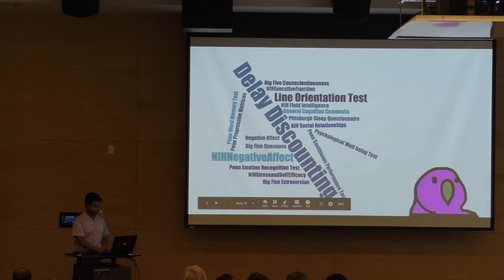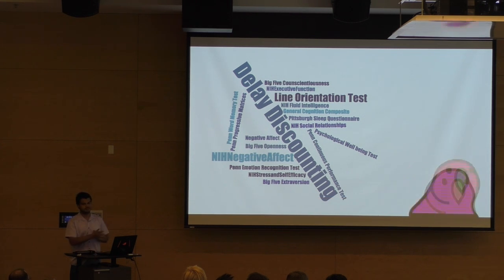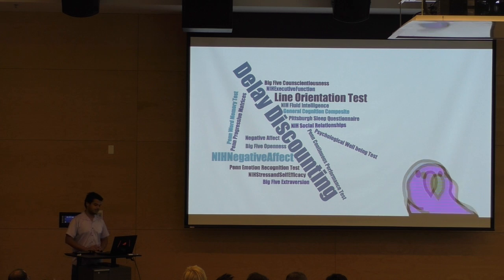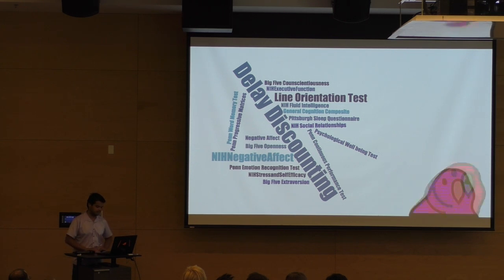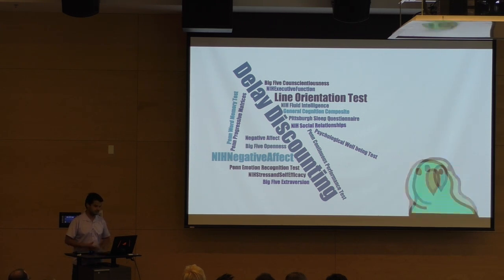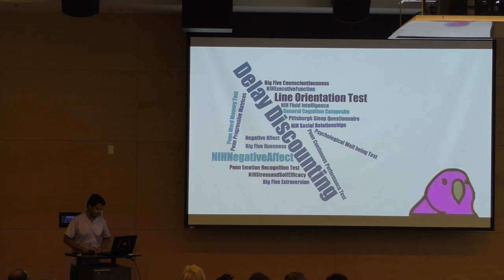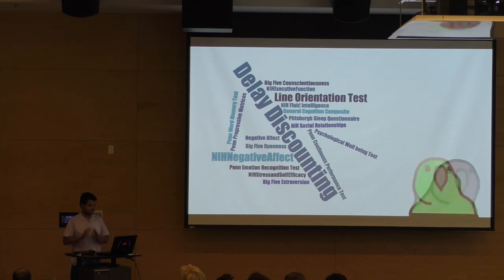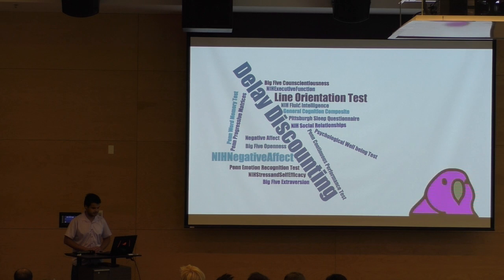So as you can see, delay discounting seems to really be consistent. So if you want to work with drug abuse, then you probably should be using this task. But we also have some interesting patterns showing up: lots of personality measures and a few measures of executive function and fluid intelligence.